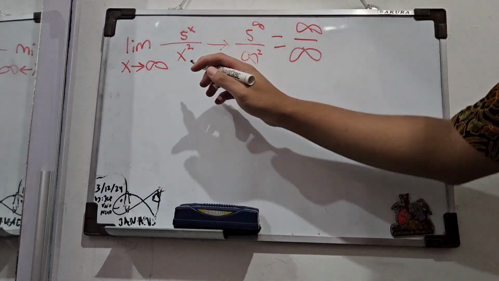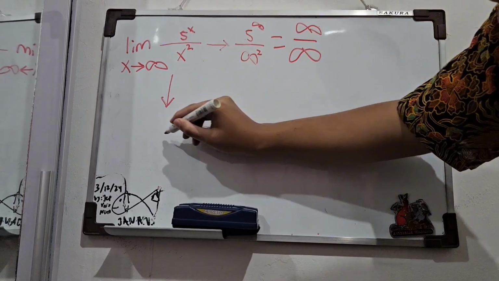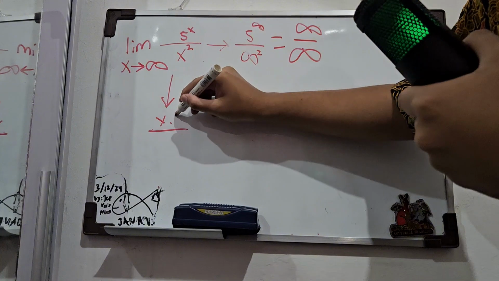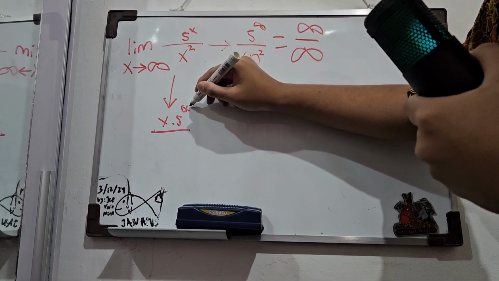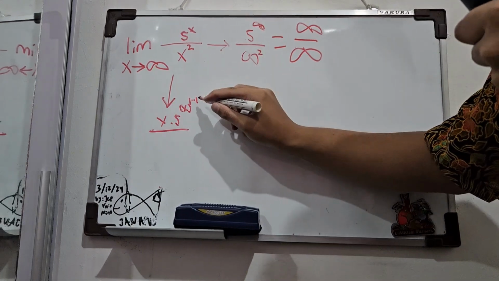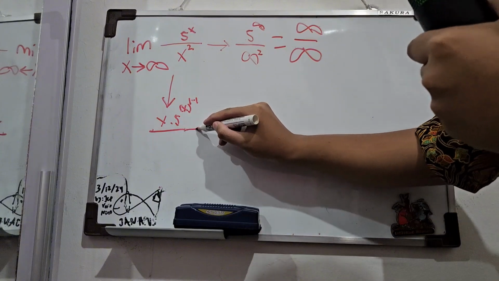If we were to use L'Hopital's rule, on the other hand, first we differentiate it. It would become x times 5 to the x minus 1, where x minus 1 would become 0, and this would just become 1, and that would not exist anymore.